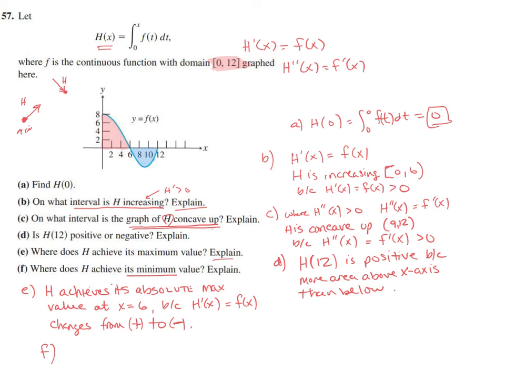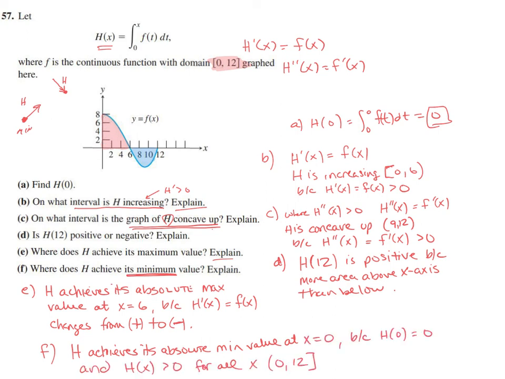So where does h achieve its absolute minimum value? Well, h will achieve its absolute minimum value at x equals 0. That's because h of 0 equals 0, because the integral from 0 to 0 is 0, and h of x is going to be greater than 0 for all x values from 0 to 12, not including 0.